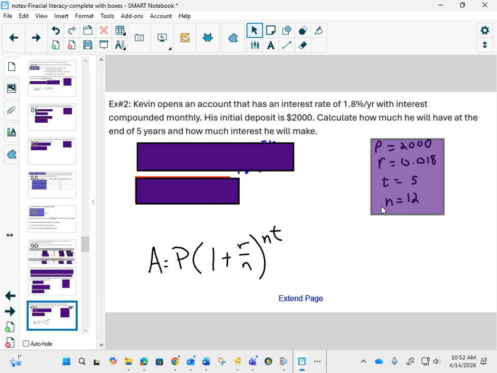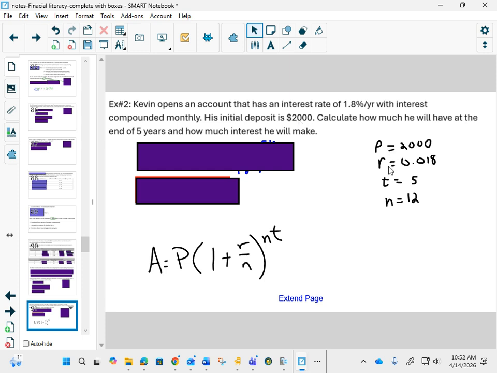The first thing you're going to do in a question like this, you're going to read through it and say, okay, I know this is my formula, so I need to know each of these things. Do I know the P? Do I know the R? Do I know the T? Do I know the N? The P is the principal, how much money you started with, $2,000.